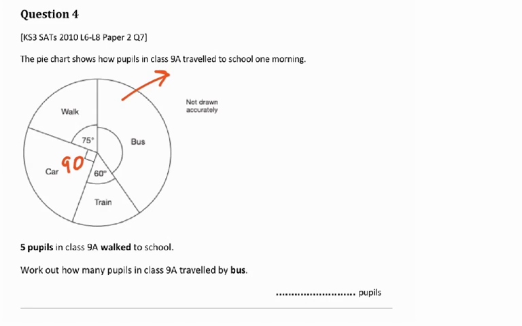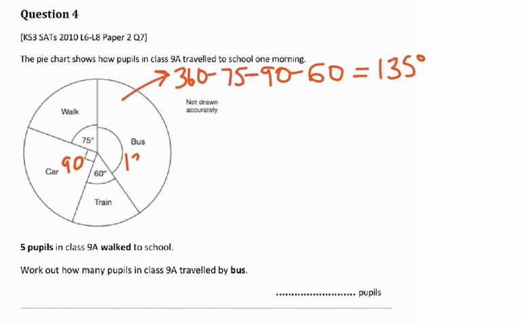Okay, so I'm going to do 360, take away 75, take away 90, take away 60. And that leaves me there with an angle of 135 degrees for bus. I'm just going to write that on my diagram. Again, something that is useful to do in your exam. Don't be afraid to write on the diagram.